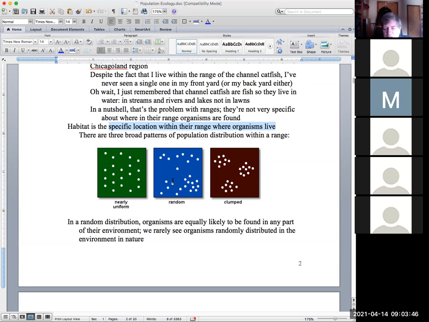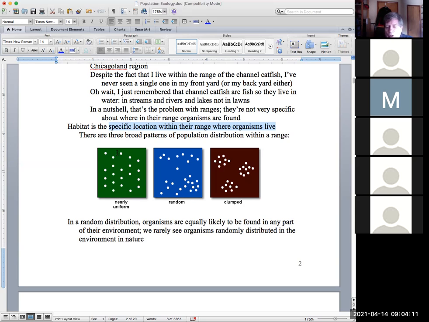And our null hypothesis for that problem was, something to the effect of, frogs are found randomly in their environment. So it's a null hypothesis. It's not something we see very often. And that's not surprising. You don't see a random assortment of plants and animals in your front yard or in the park down the street.